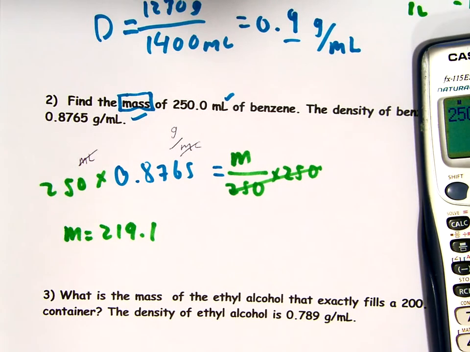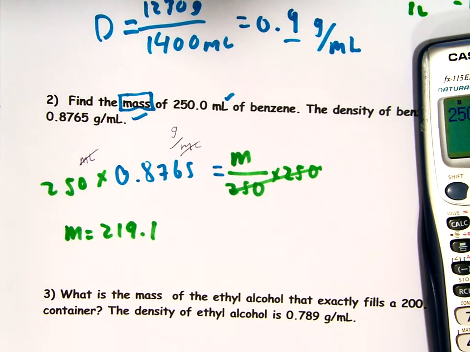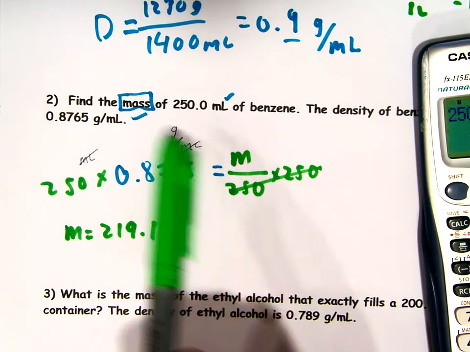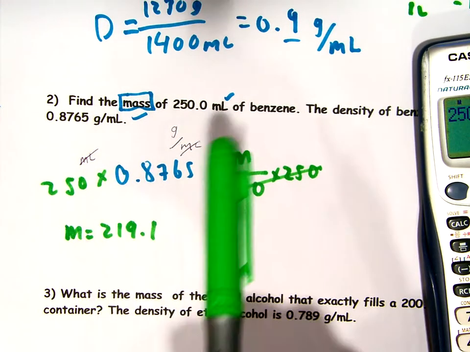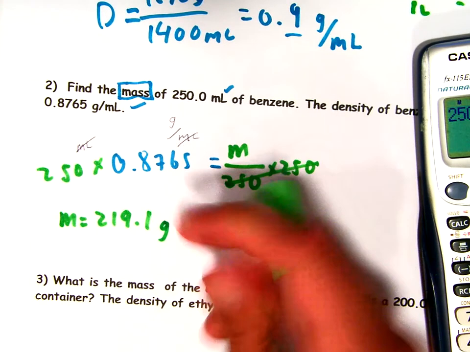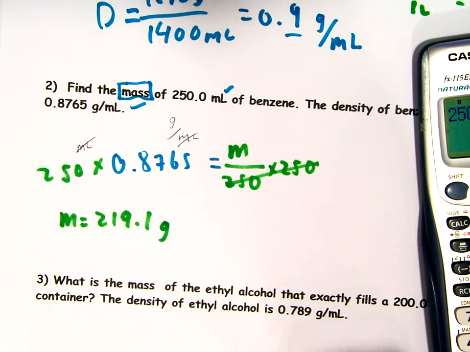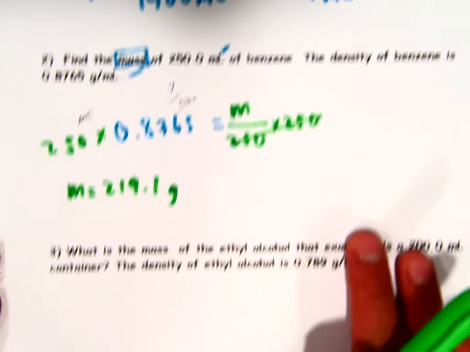But the reason I didn't put the units is that you don't necessarily need to. You just have to understand that mass is measured in grams, so the answer is grams. If it was volume, then it would be milliliters, but it's not. So you just put grams. All right, let's go on to the next problem.